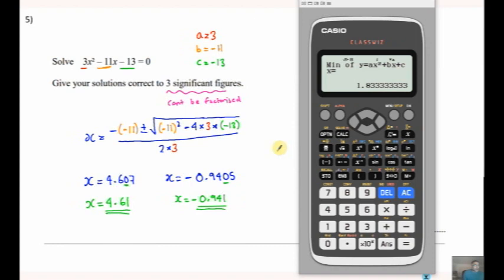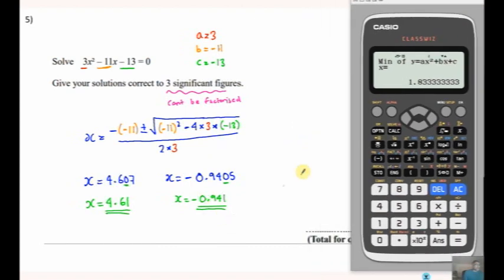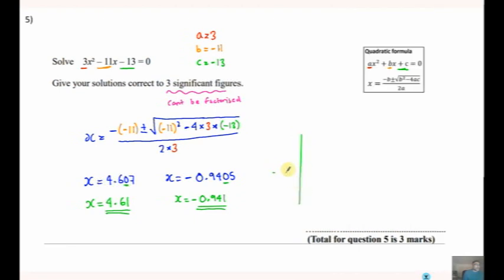Remembering what our graph looks like, in this case, if I sketch this graph, I know my roots are 4.61 and minus 0.9. So that's what my graph will look like.